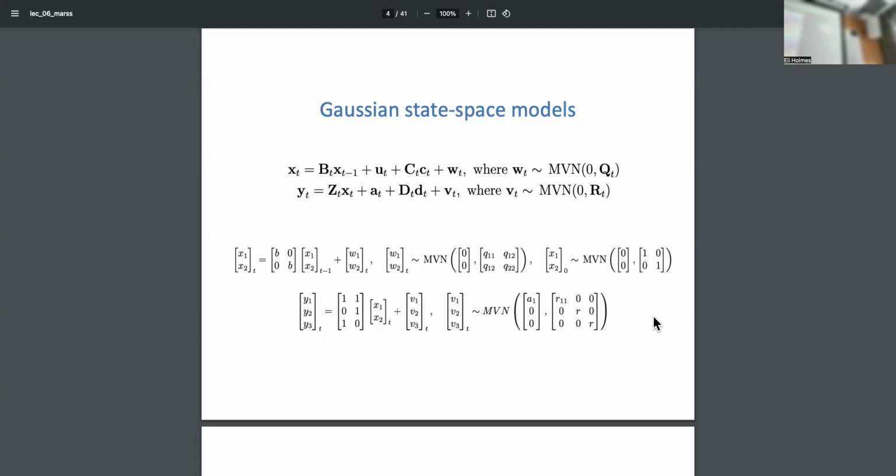But this observation is just observing this one. You can see they kind of rotate. This second column goes to the bottom one. So this one observes that one, and this one observes that one. So we're able to model these rich types of relationships between our observations and our data. Okay, so that's a general class.